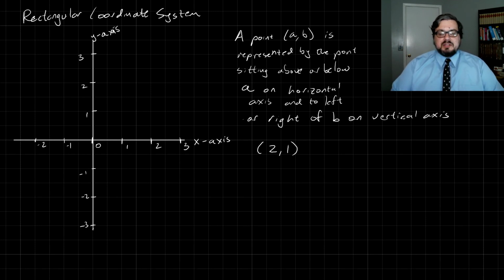What I do is I start by looking at the first coordinate, the 2, and I find that on the horizontal axis, the x-axis. And whatever point that I find is going to lie somewhere above or below that 2.